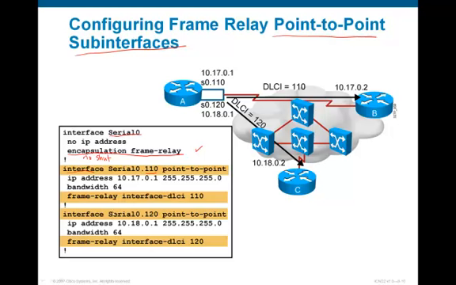So here we have created S0.110 point-to-point, and another sub-interface that we have created is S0.120 point-to-point. Now, we know that LMI will tell the end user interface what circuits they are entitled to receive or use.